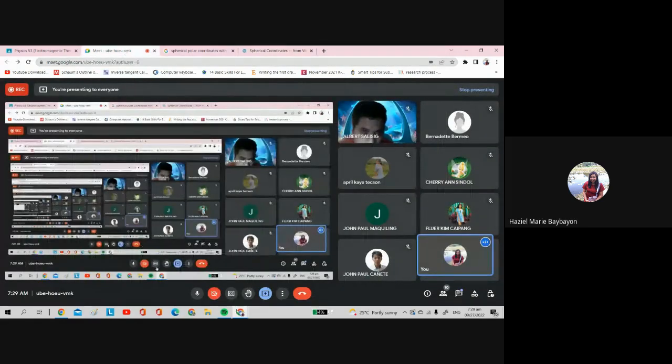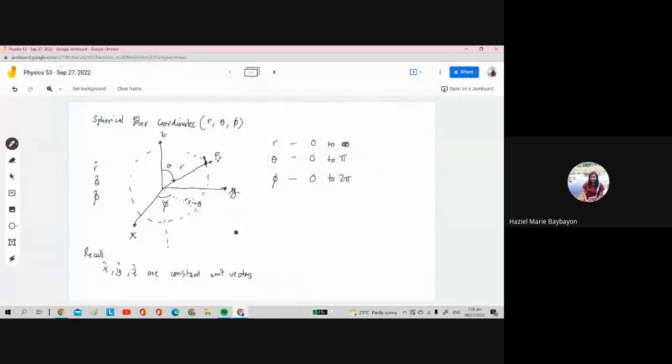Okay? Klaro na ba to, class? Okay, I hope so. So, any vector A can be expressed as A is equal to A_r r hat. So this is the radial component of the vector, plus A_theta theta hat.